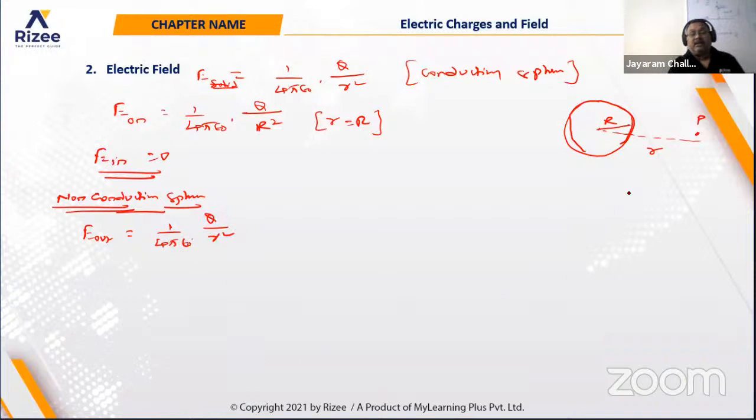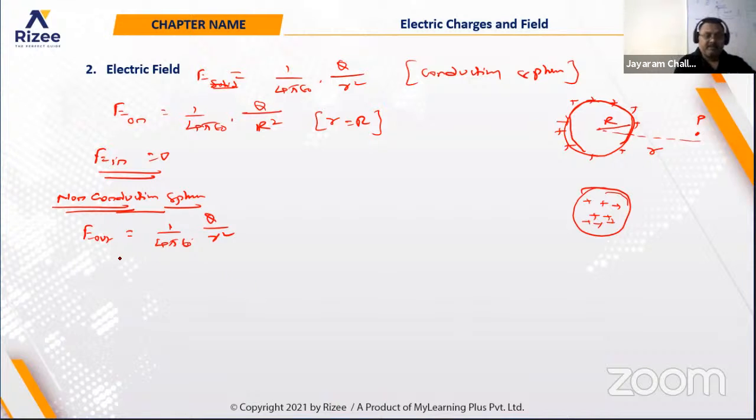Non-conducting means it is a charged sphere where the charges are also inside the sphere, but for a conductor, charges reside only on the surface. That's a very important point you need to remember.